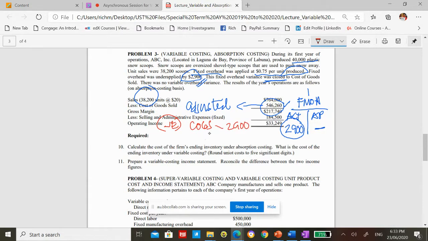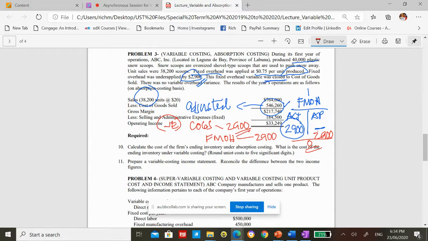I-credit ko yung factory fixed manufacturing overhead applied for 2,900. Para magkakaroon ng 2,900 dito, mazi-zero na yung T account. Ayan. So, madadagdagan. So, ibig sabihin, itong 546,260 na to, it also includes itong 2,900.